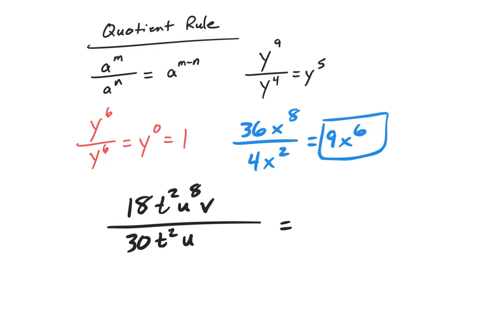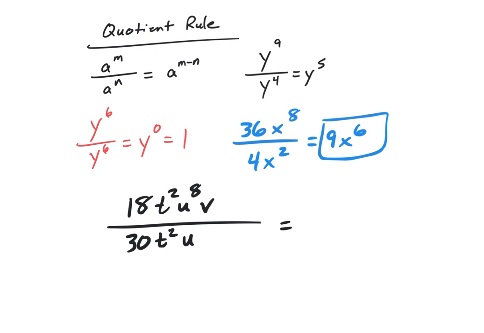Okay. Now, this one was pretty easy because 36 divided by 4 evenly. 18 does not divide by 30 evenly. So if I covered up all my variables here and I said I have 18 over 30, what would I typically do with 18 over 30? You'd what? Would we keep it as is? If I wanted to simplify this, reduce it, right? So we got to find the highest thing that goes into both 18 and 30.